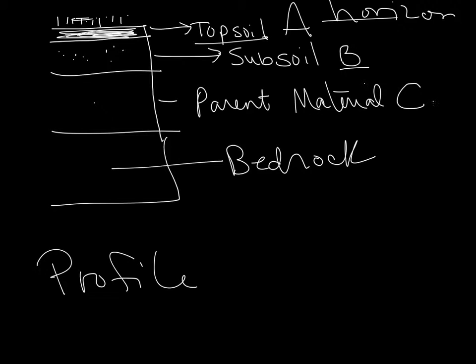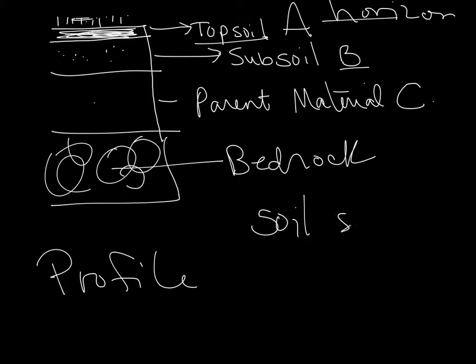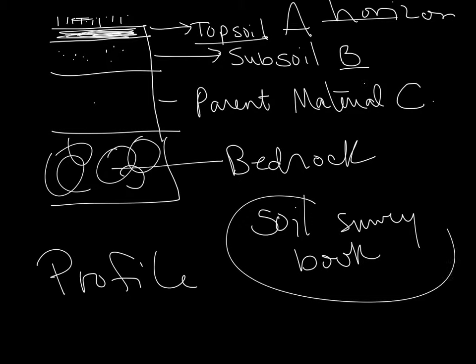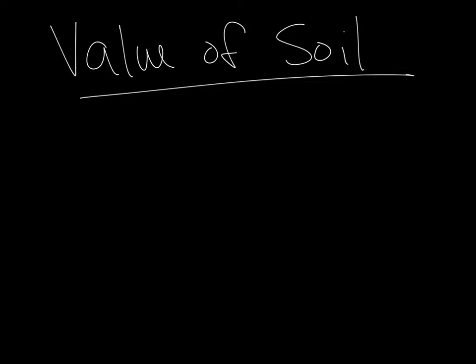Then parent material, the C horizon, and then your bedrock, where that parent material is just going to be coming from. When working with soils, always refer to the soil survey book for different soil profile information.